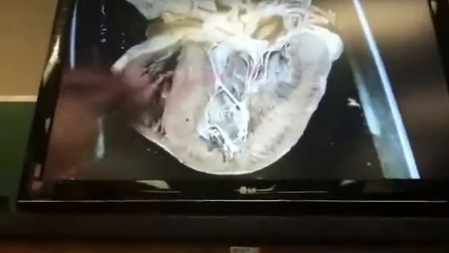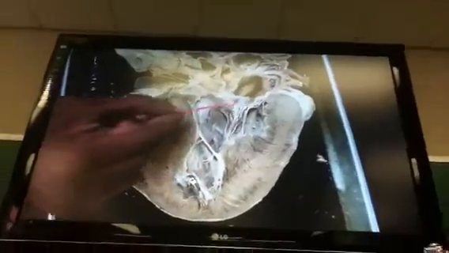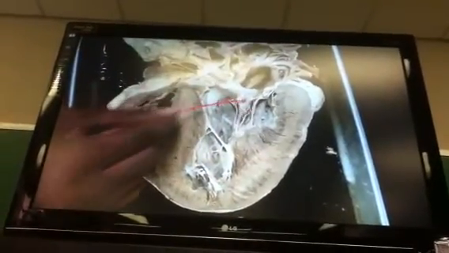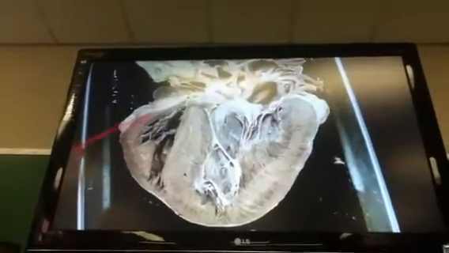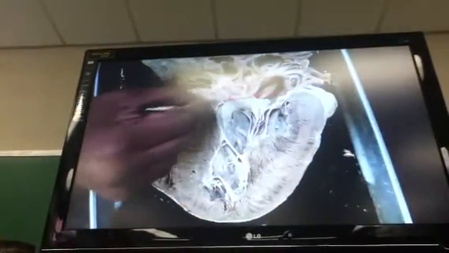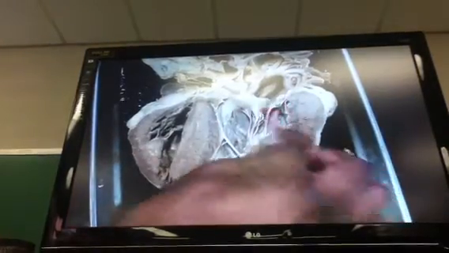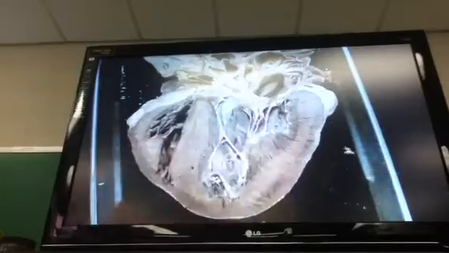This chamber is the left ventricle, which is the largest chamber. It is separated by this valve, which is the bicuspid or mitral valve. Do that again. This is the left atrium. This is the left ventricle, and it's separated by what? The bicuspid or mitral valve. Sounds good.